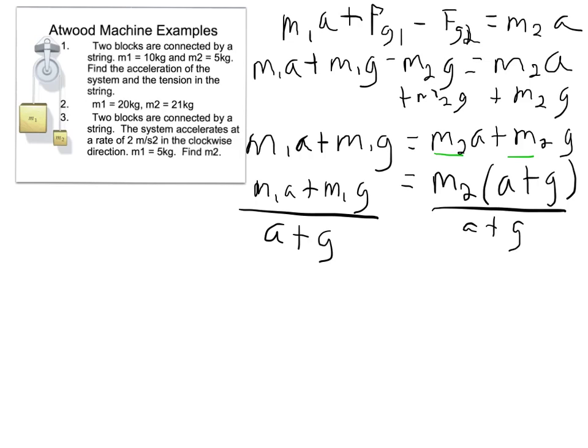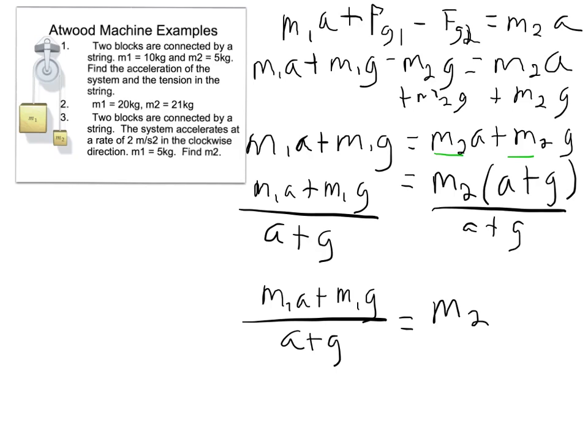Many of you might be tempted to cancel out a and g on the top with a and g on the bottom, but those are added terms. You can't cancel things that are added unless they are exactly the same, and m1a plus m1g is not exactly the same as a plus g. So I'm left with m1a plus m1g over a plus g equals m2.